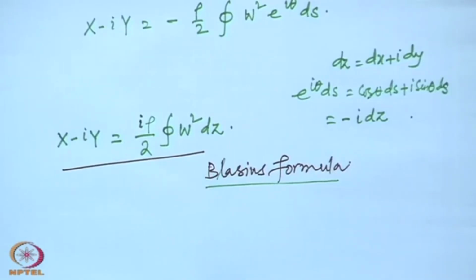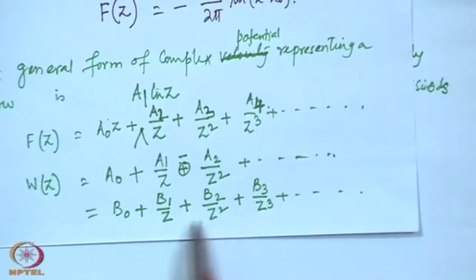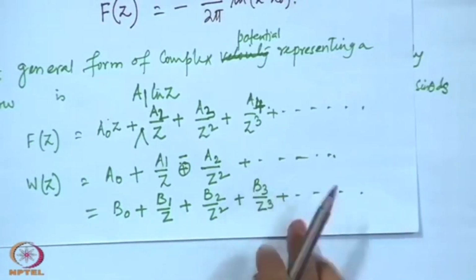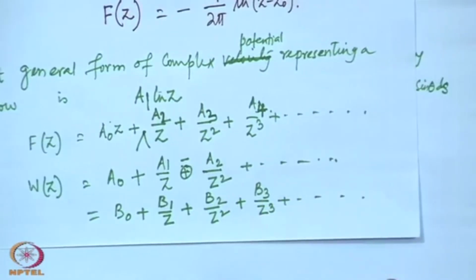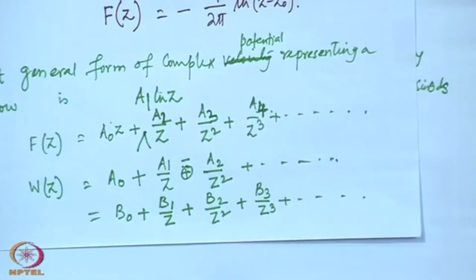Now, considering the general complex velocity, in any case the complex velocity of any flow problem, as long as it is two dimensional ideal flow, will be given by this expression. Some term may not be present in a particular case, but any other term cannot come.